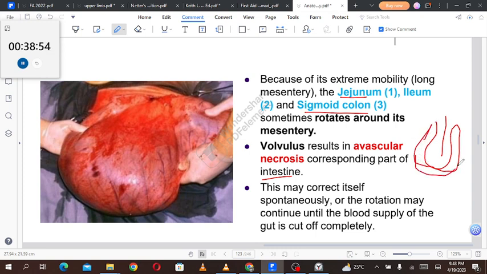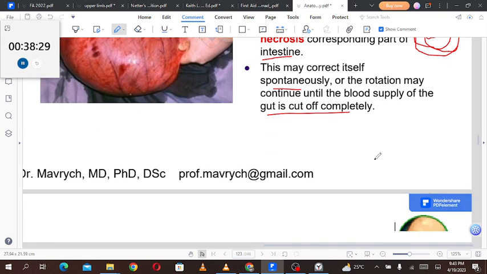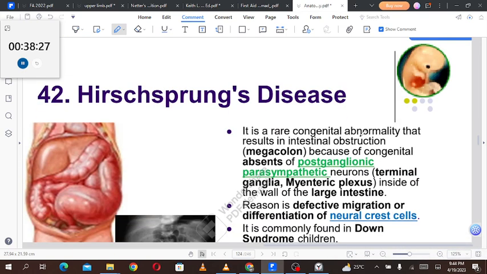That freely mobile viscera sometimes rotates and curves around its own mesentery and strangulates itself. Resultantly, there will be a volvulus. This may correct itself spontaneously, or the rotation may continue until the blood supply of the gut is cut off completely. Okay, and the intestinal segment dies out.